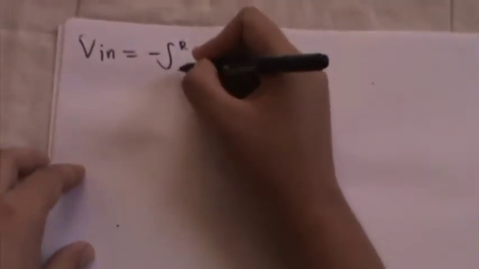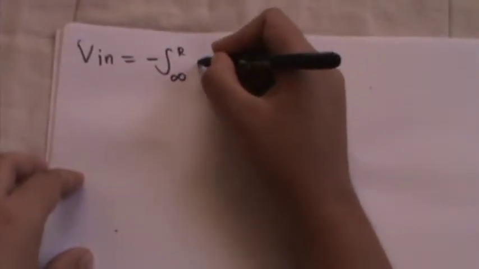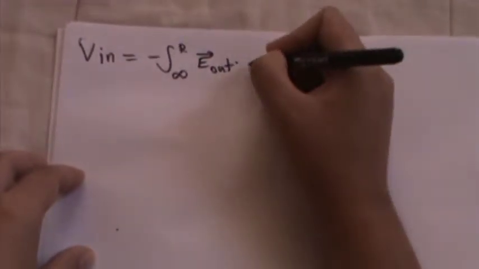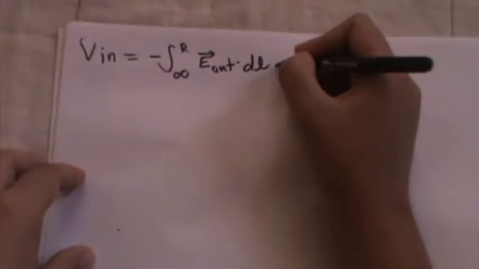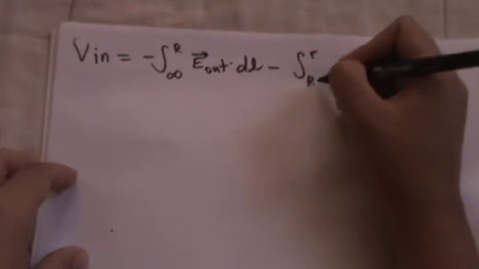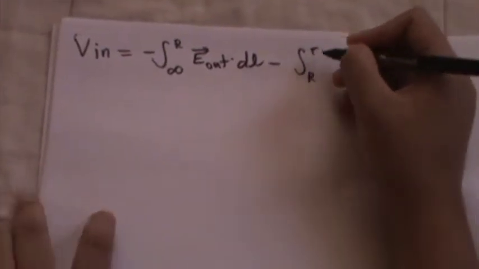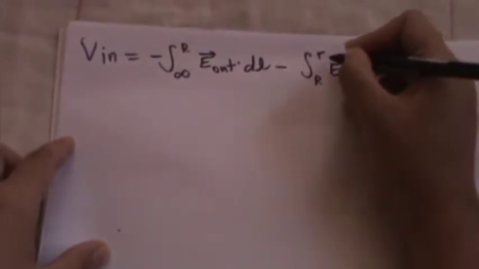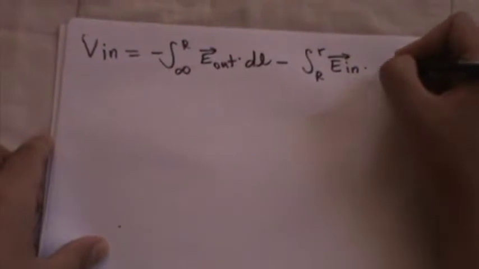So we'll have V in, the potential inside the sphere, equal to the negative integral from R to infinity of the electric field outside multiplied by dl, minus the integral from capital R to smaller r of the electric field inside multiplied by dl.